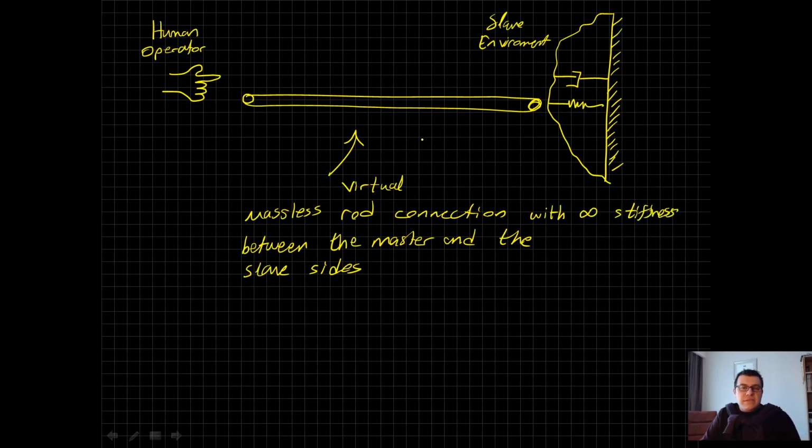When we say infinite stiffness, what we want is that, in the ideal scenario, as the human operator gives a certain motion, the slave system would be mimicking or copying the same motion without any divergence from the reference, and whatever interaction force exists between the environment and the tip of the slave robot should be directly fed back to this side, which means that this rod should be massless and behave with infinite stiffness.